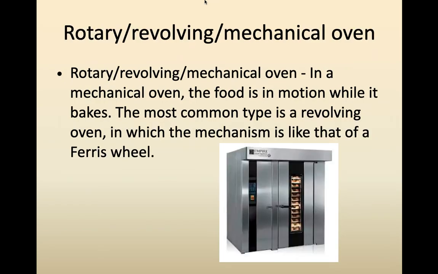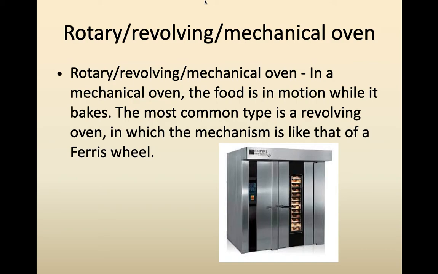Then we have another important piece of equipment utilized in the heating part, that is a rotary, revolving, or you can say mechanical oven. The rotary oven, which is nowadays used in most of the bakeries and hotels, is the oven which rotates 360 degrees with the food that is kept in for baking.